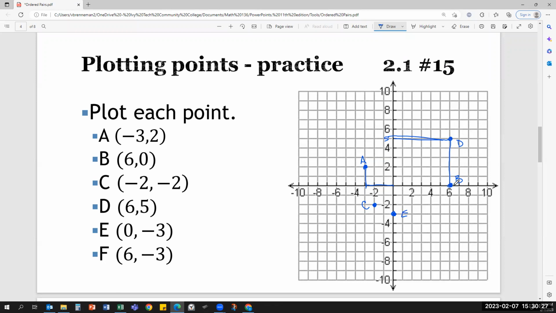And then (6, -3) lining up with the 6 on the x-axis and -3 on the y-axis. So notice the points on the axes have a 0. A 0 for the y coordinate means it's on the x-axis, and a 0 for the x coordinate puts it on the y-axis.